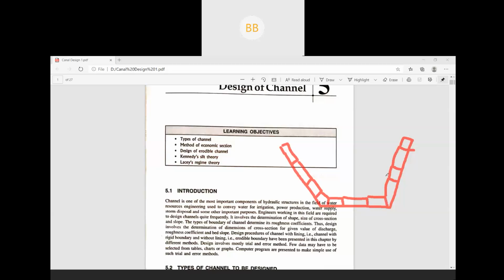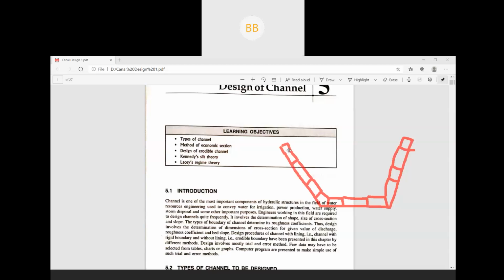So it is a non-erodible boundary canal, or you can say it's a lined canal. Okay? So this is the difference. If you fix the boundary of the canal, then it is called non-erodible. You can use brick wall, and sometimes mortar also, to line the canal.